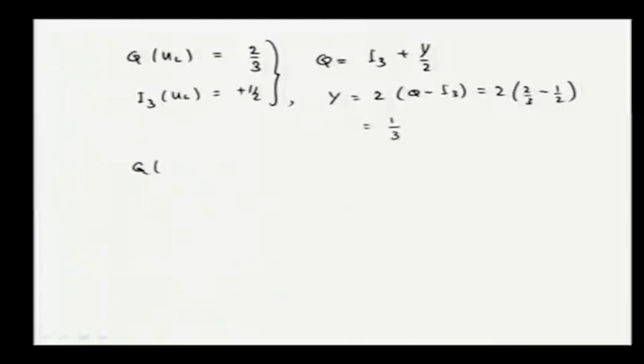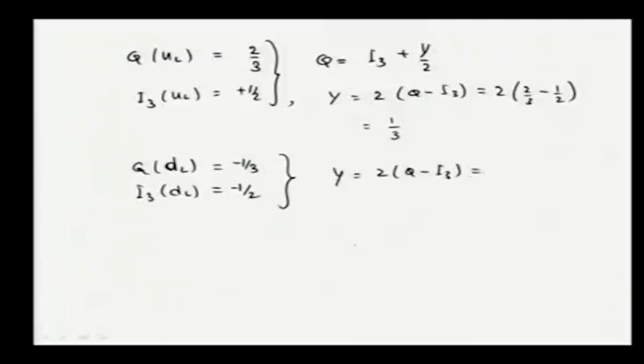Similarly, for down type quarks, I3 is equal to -1/2, charge is equal to -1/3, and Y again should be equal to 1/3. Let us see, 2 times (Q minus I3), which is equal to 2 times (-1/3 plus 1/2), which is again equal to 1/3, which should indeed be.